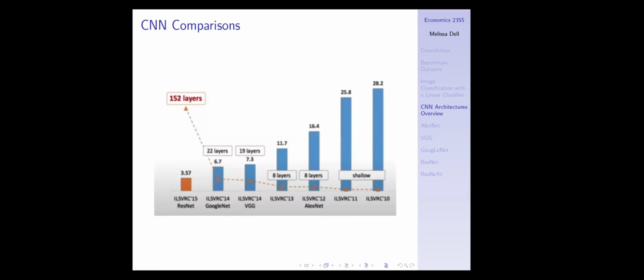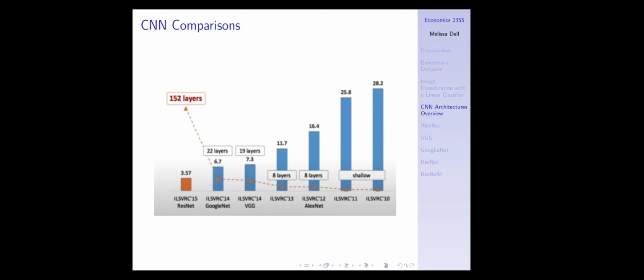And so this is just to show you a comparison of the winners. In 2010 and 2011, they're not even using deep networks. 2012, the first CNN, has 8 layers.